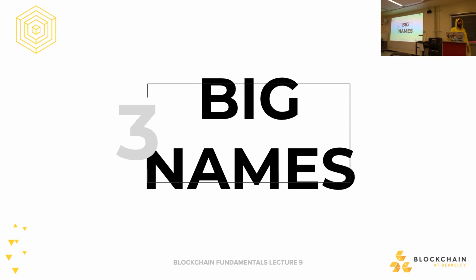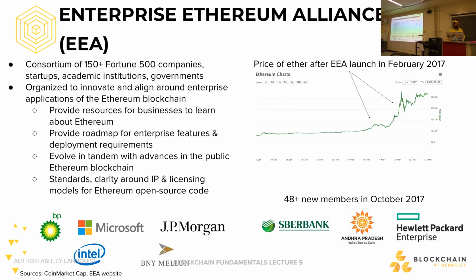Sweet. So yeah, going into some big names in the blockchain space. The Enterprise Ethereum Alliance is a consortium of 150 plus Fortune 500 companies, startups, academic institutions, and governments, which are all interested in seeing the development of Ethereum, particularly for the use of companies, for developers, for businesses in general.